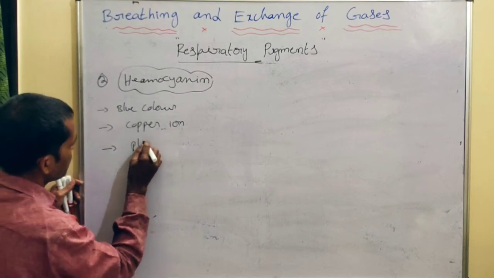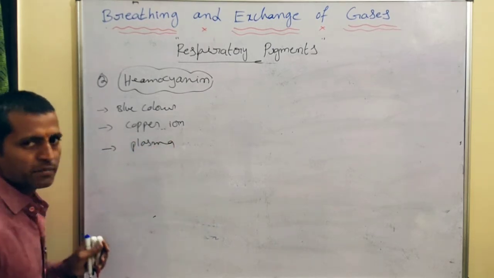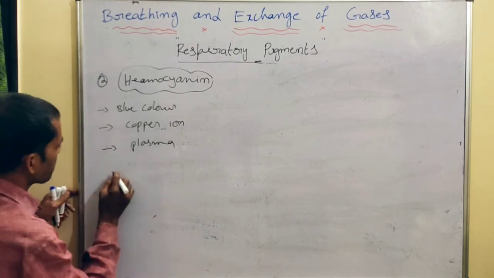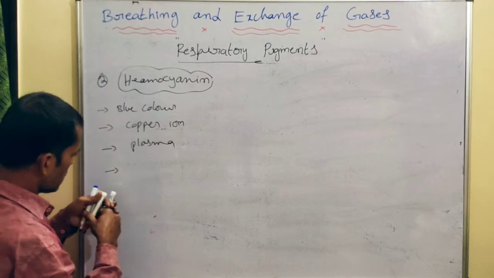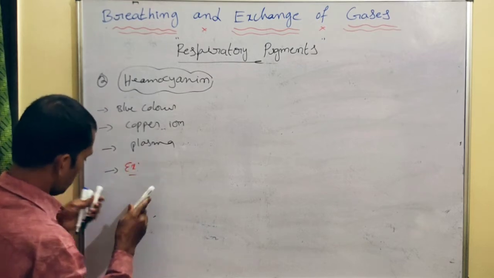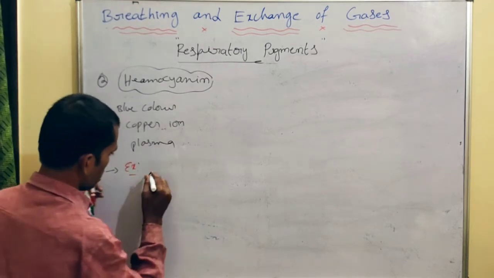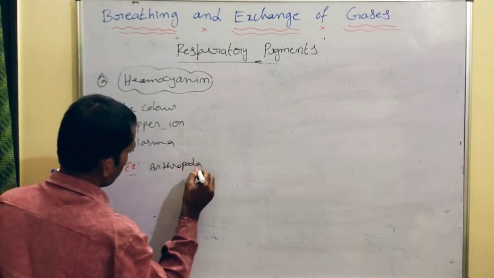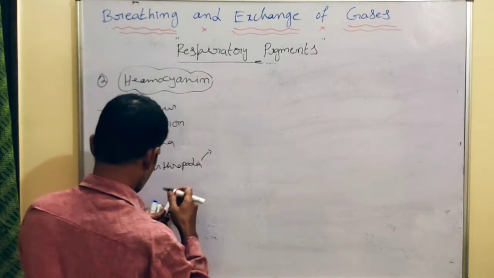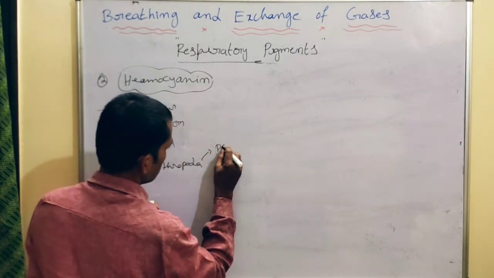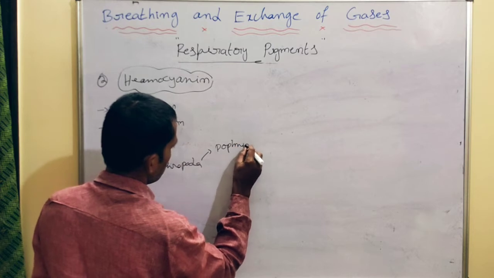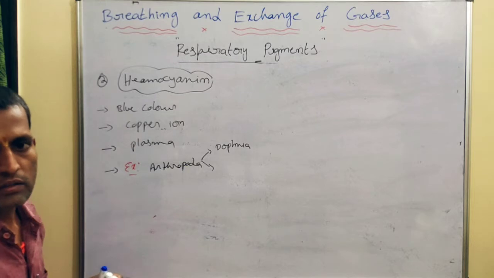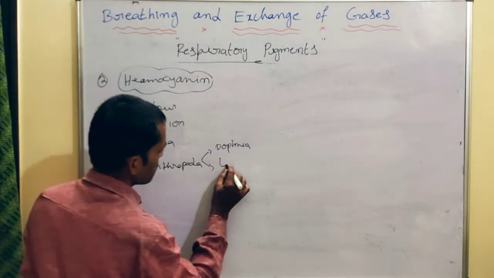It is present in the plasma part. Examples from arthropoda phylum: one is Daphnia, the other one is Limulus.